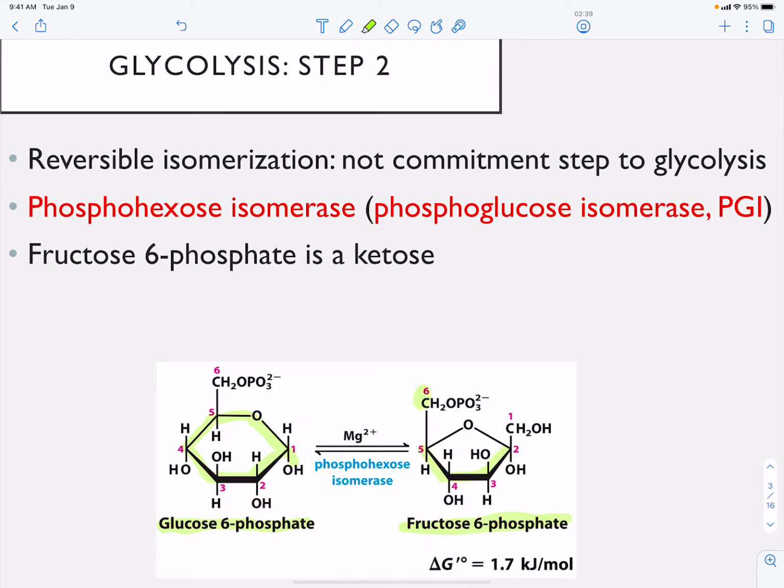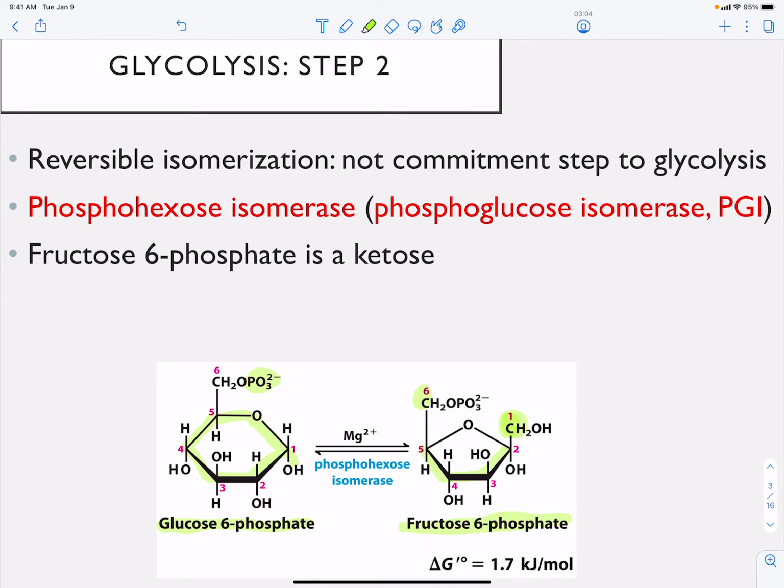You have 2 carbons that are outside of the ring structure. And for glucose, it was that 6th carbon outside of the ring structure that was phosphorylated. So we're going to have to phosphorylate another carbon on the structure, and to do that, you change from glucose to fructose to free up this position 1 for phosphorylation.